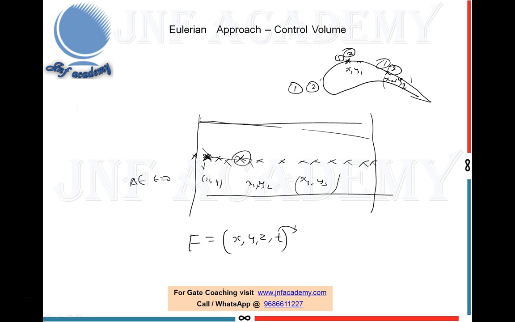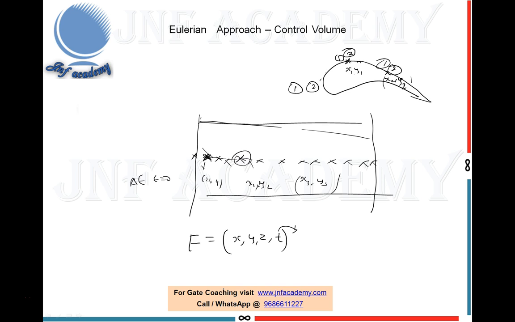The reason is, in control mass, you have to track a fluid particle and get the velocity of the fluid particle at every time period. Okay, and the space is also going to be a function of time. That is really difficult. Instead of that, you fix a location, you focus your camera on that location, and understand at a given time what is the velocity at every different location.